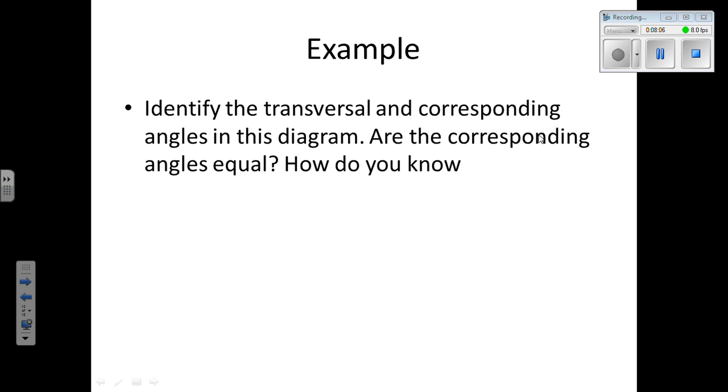So, I am going to identify the transversal and corresponding angles in this diagram. Are the corresponding angles equal? How do you know?